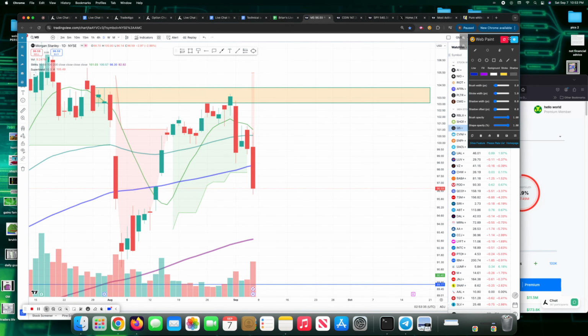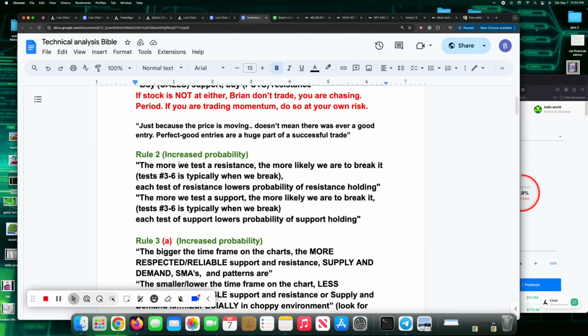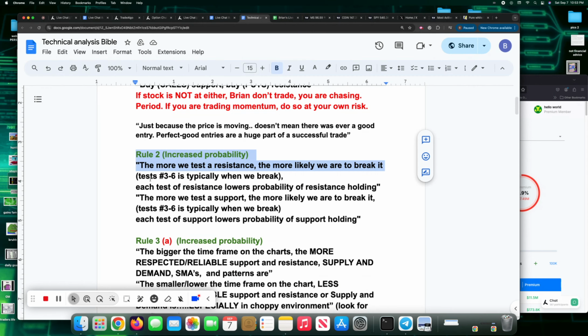Will you rinse and repeat the same thing over and over? No. Because, again, this is why I stress always, please read this. The more we test the resistance with frequency, the more likely we are to break it. So you can't just rinse and repeat supply over and over, right? You have to start getting cautious on tests 3 to 6. Tests 3 to 6 are typically when we break, especially if we do it back to back.